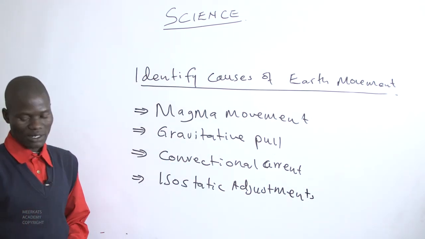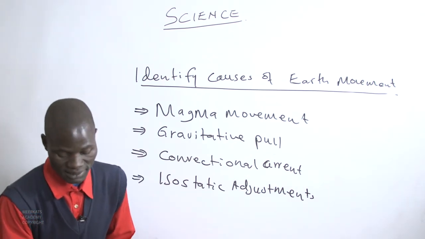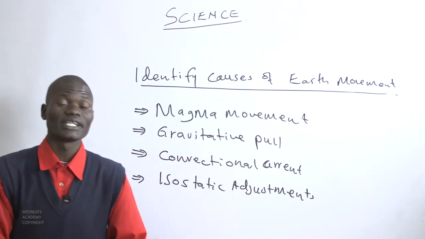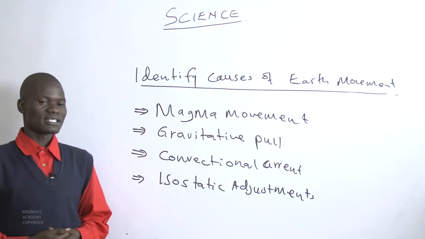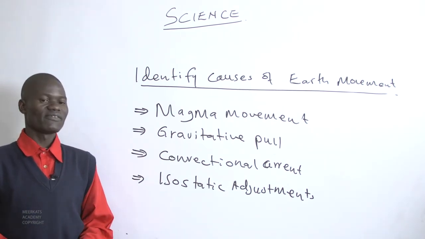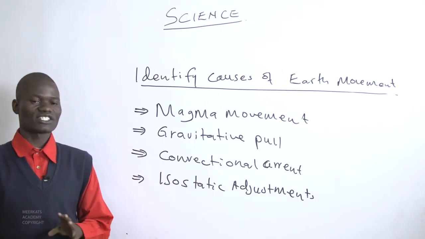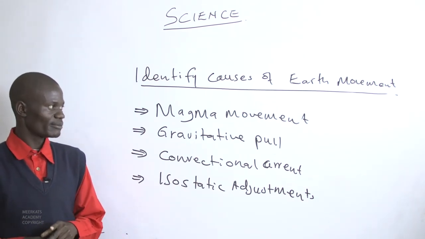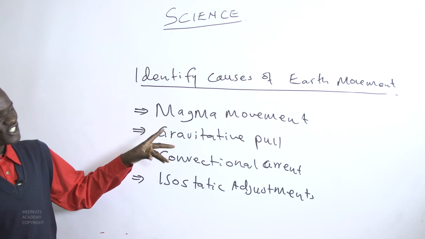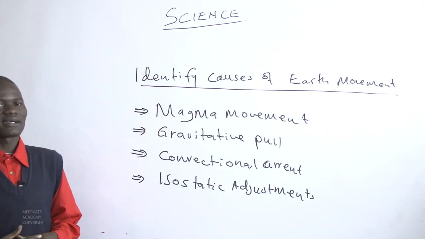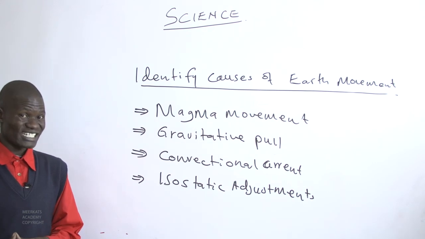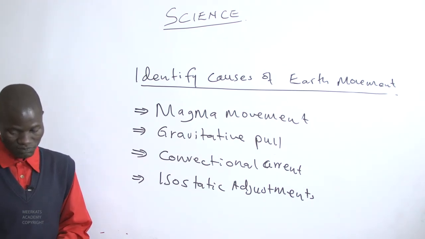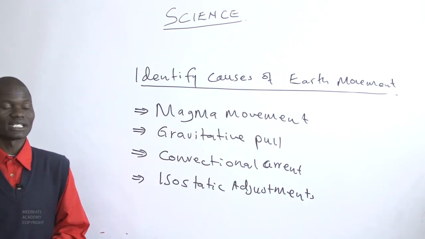This is what we have outlined and what we have learned in the lesson of plate tectonics and its effects. The effect is that it is able to cause various movements of the earth, that is the vertical earth movement and the horizontal earth movements, and these movements are playing a greater role in our plates, in the various continents of the world, as we have been able to look at.